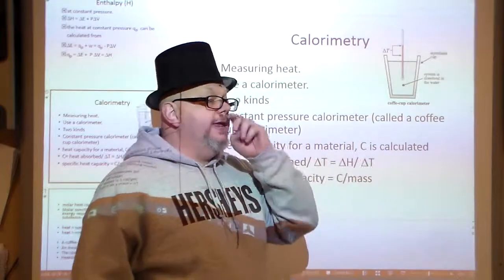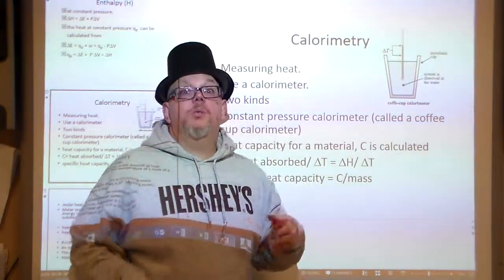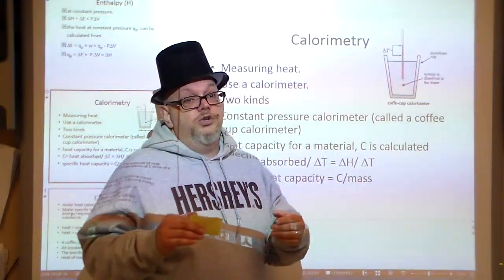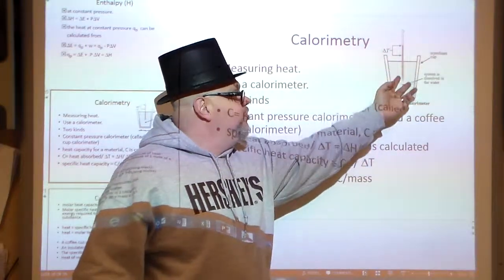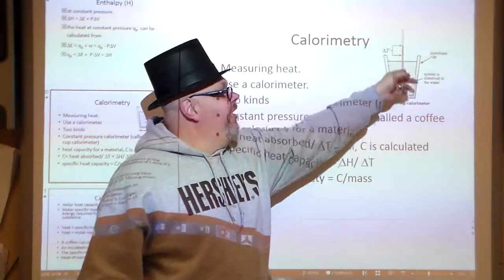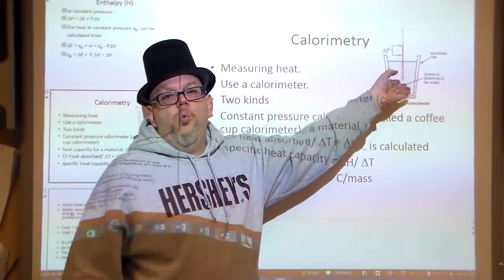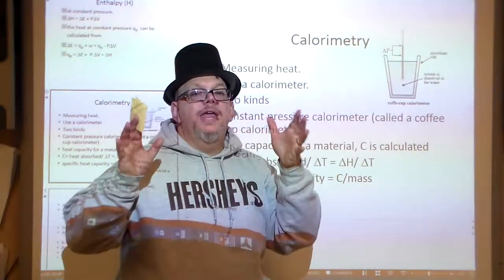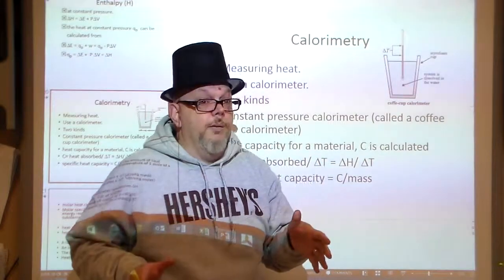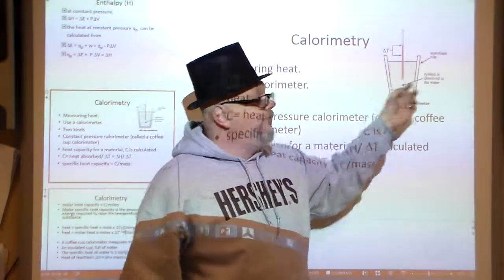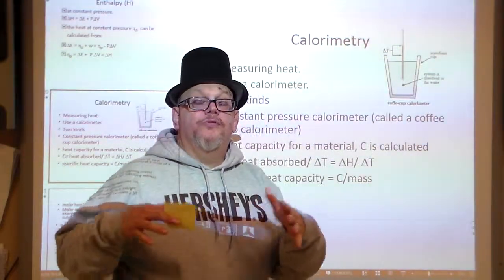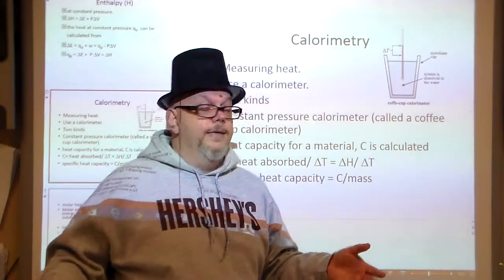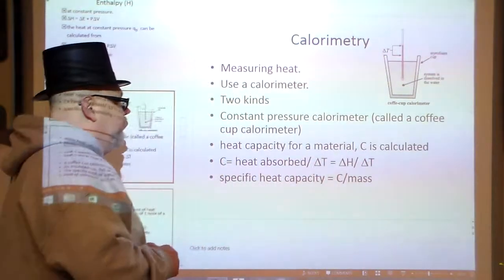We take an object that has already been heated up, so we would expect it to have a higher initial temperature than the water. We put the object in here, and then we watch as the system with the object and the water comes to an equilibrium. That's why we could use a coffee cup, because the styrofoam prevents the heat from escaping. That's something very useful to know.